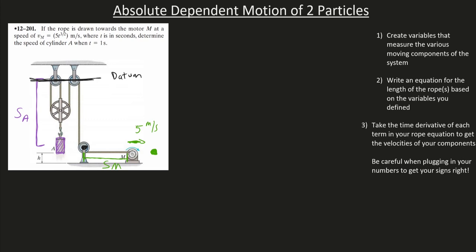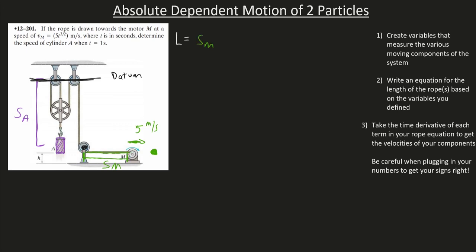Alright, step 1 done. Moving on to step 2, let's write our rope equation. Looks like, again, this is all just one rope here. In the next example, we'll see 2 ropes at play. So we still just have one rope whose length will equal, we'll start out with this length right here. That's going to be our SM variable.